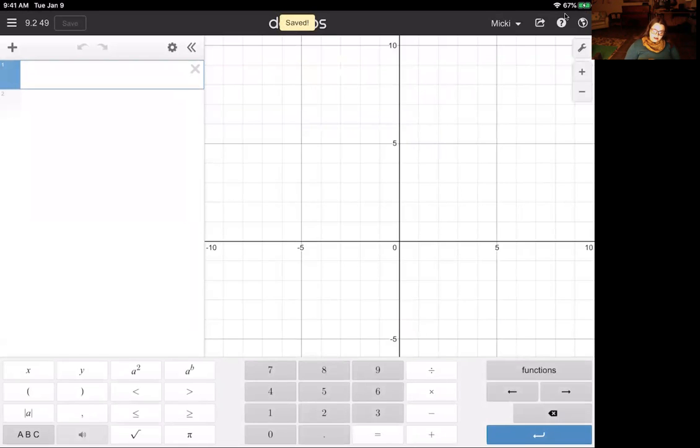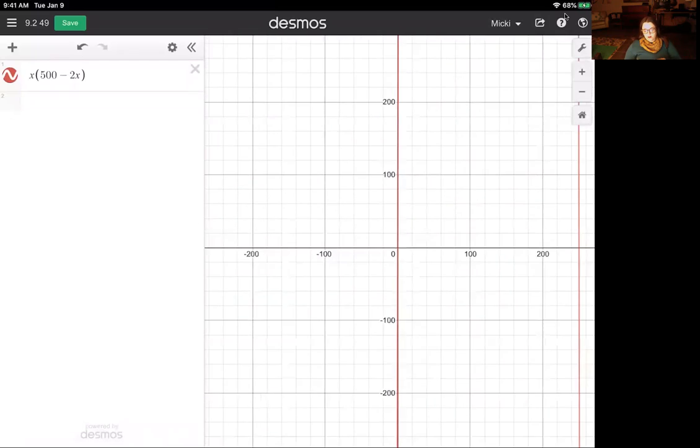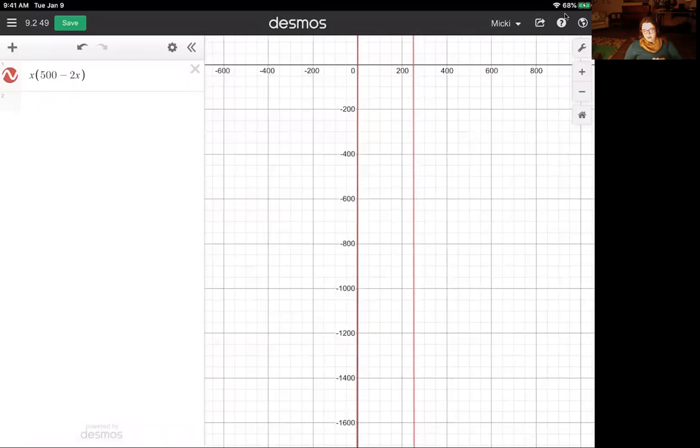So we're going to say that the area is x times 500 minus 2x. And what we're going to see here is that we have to kind of play around with the dimensions.